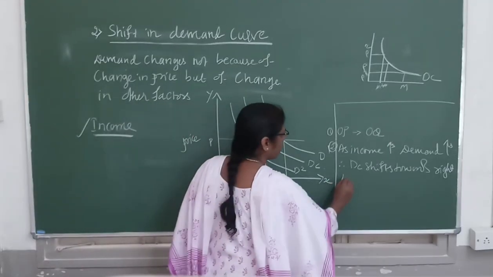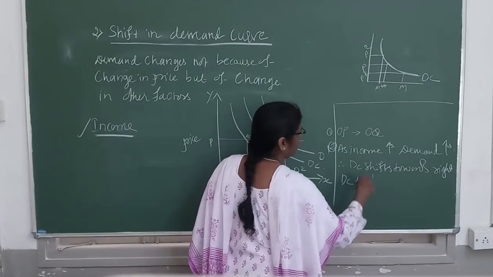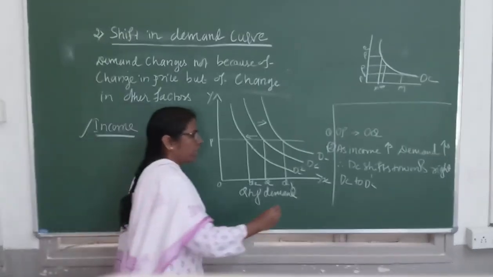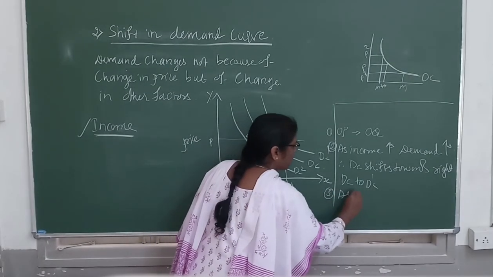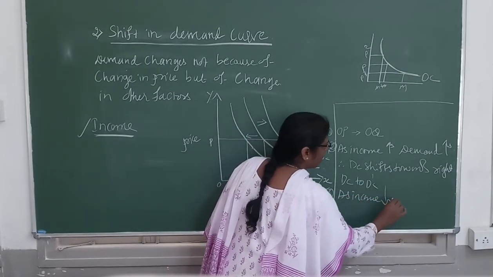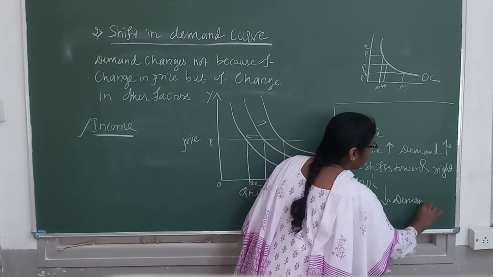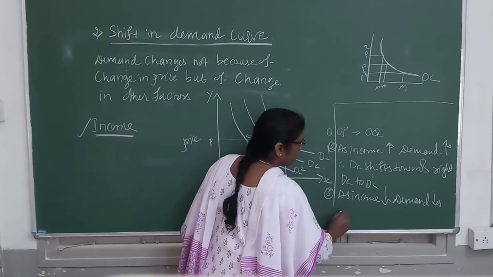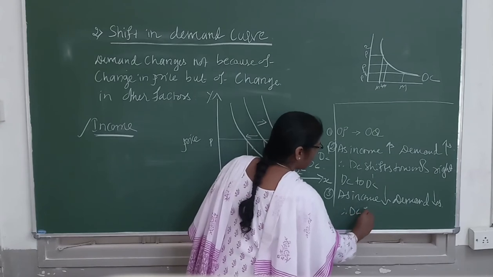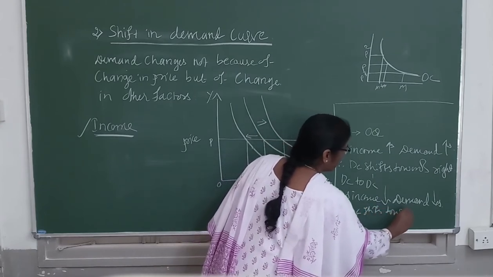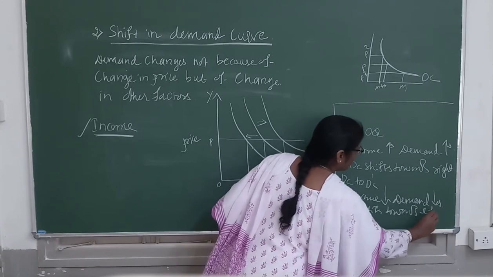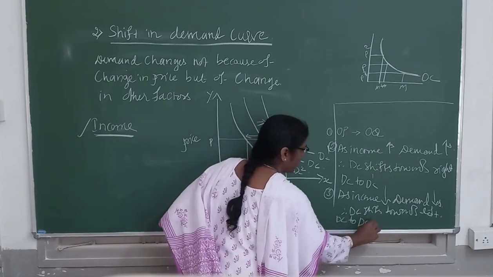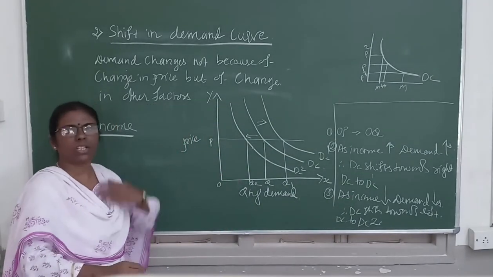So that is DC to DC1, like this. Okay. The third point: as income decreases, demand also decreases. Therefore, the demand curve shifts towards the left. That is DC2. This is a very interesting point.